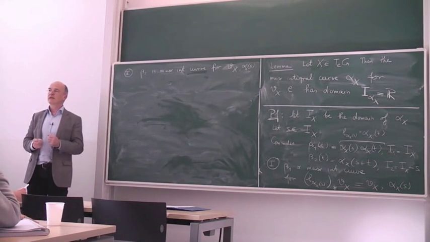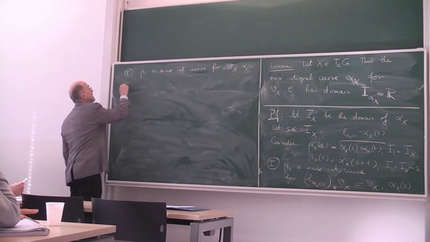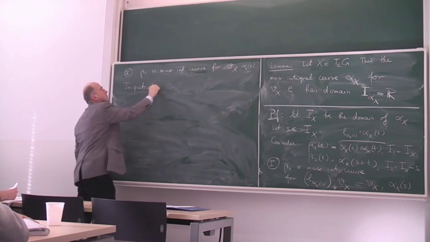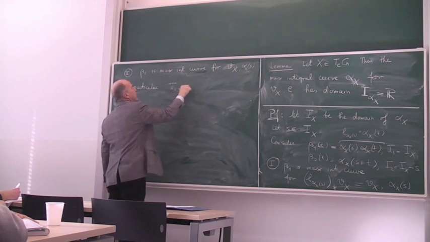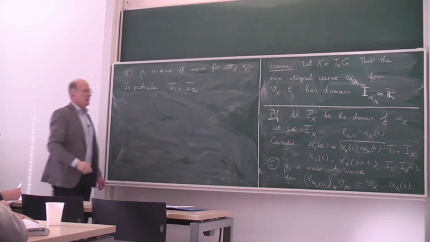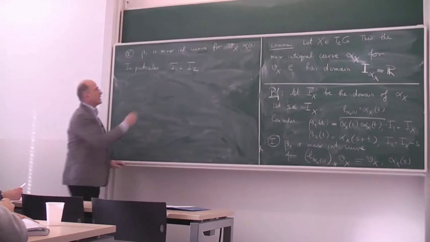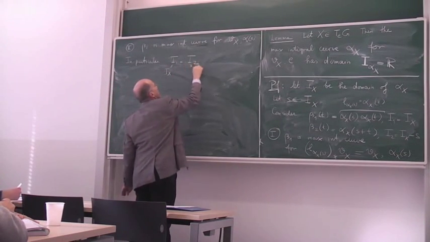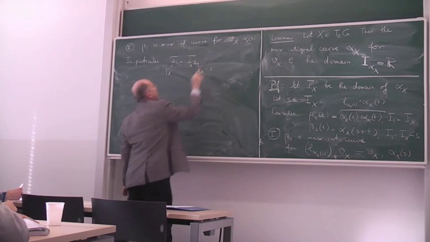In particular, this means that their domains of definition should be equal. So in particular, I1 is I2. Now, I1 is I x, and I2 is I x minus s.